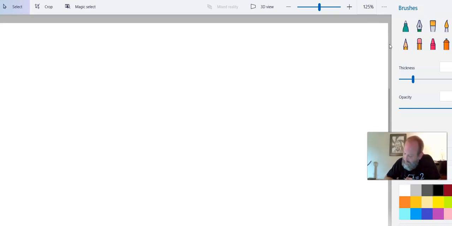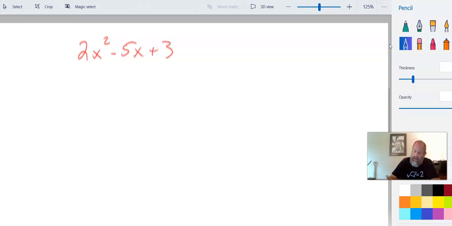So let's take a look at a polynomial and a polynomial equation, and we'll factor it so we can see what we're actually doing here. Let's say I have 2x squared minus 5x plus 3, and that's equal to 0.